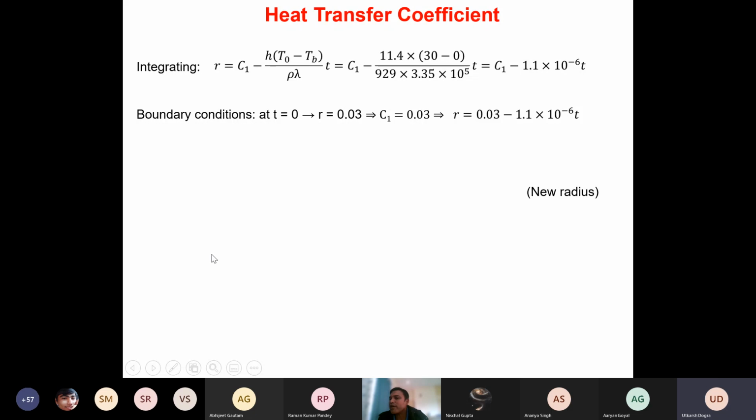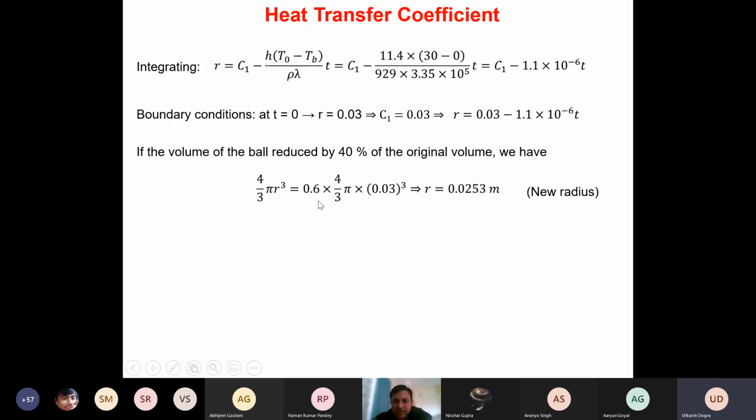Now what is asked in the question? It is asked to find the time when there is a 40% reduction in the volume. That means the current volume of the ice ball is 60%, so we can find the radius. If the volume is reduced by 40% of the original volume, we can find the new radius.